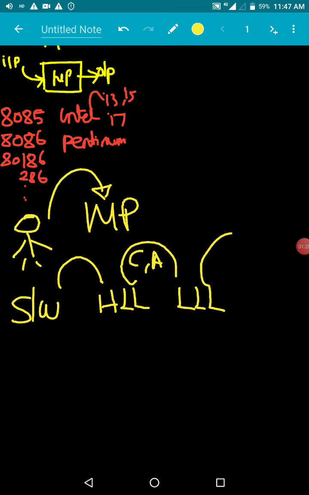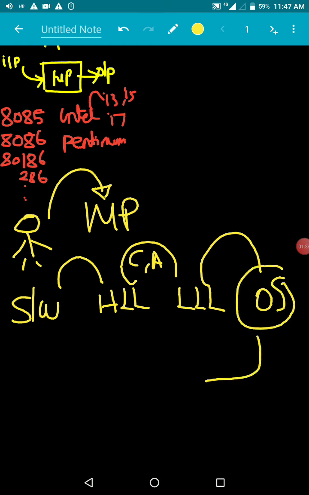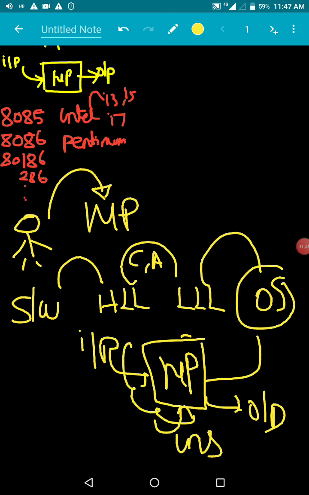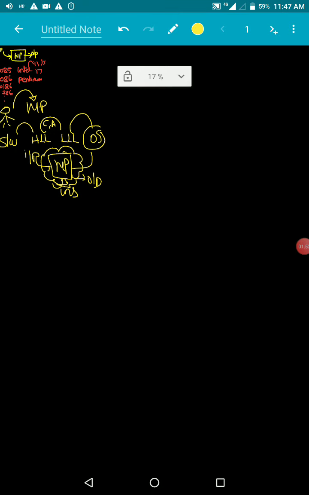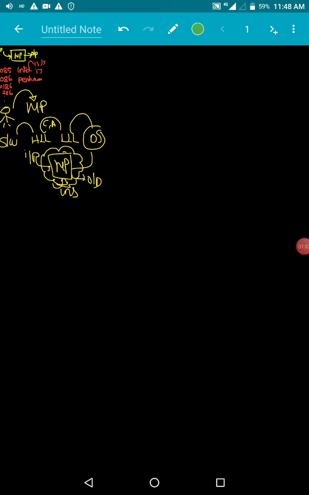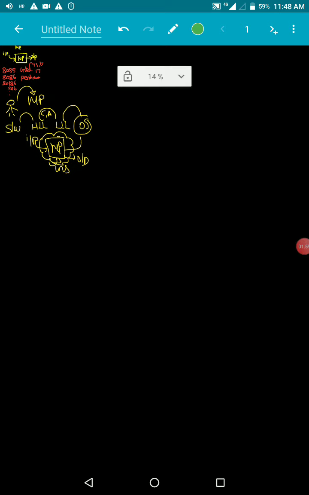This low level language is submitted to the operating system. Then the operating system gives the instructions to the microprocessor. The microprocessor takes the input and produces the output based on the instructions. Here the microprocessor plays an important role. That's why a software engineer should have at least basic knowledge of the microprocessor, though it is not strictly necessary.